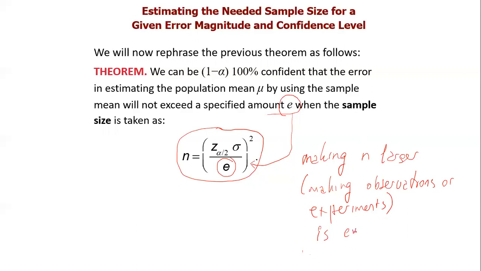So you want n to be as small as possible. But if you have a small n, then your error will be larger. So you first specify an amount of error which you can tolerate, then use this formula to find the required number of observations. So this is the end of this video.